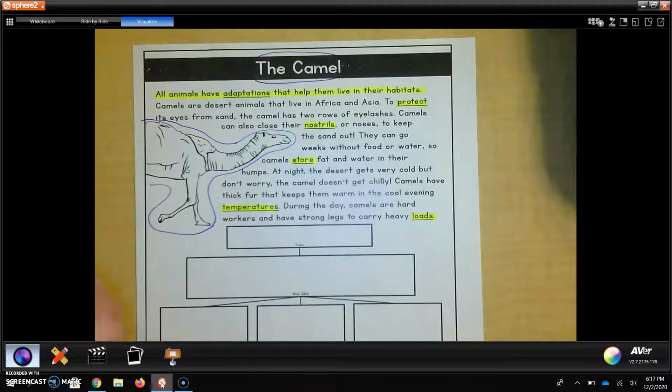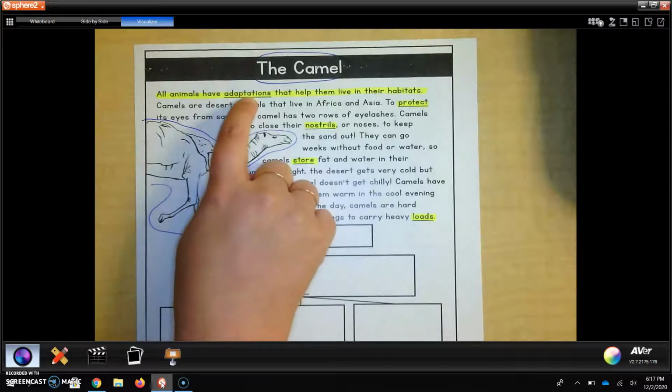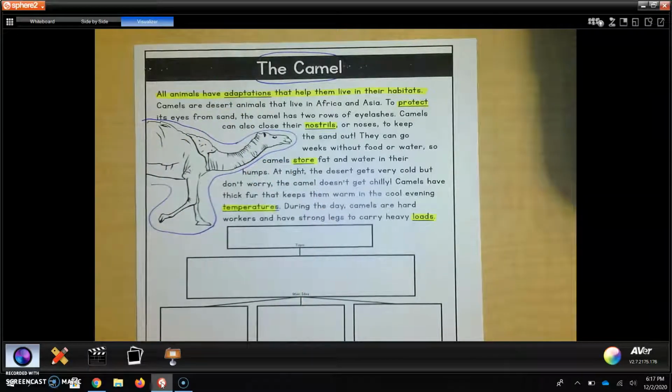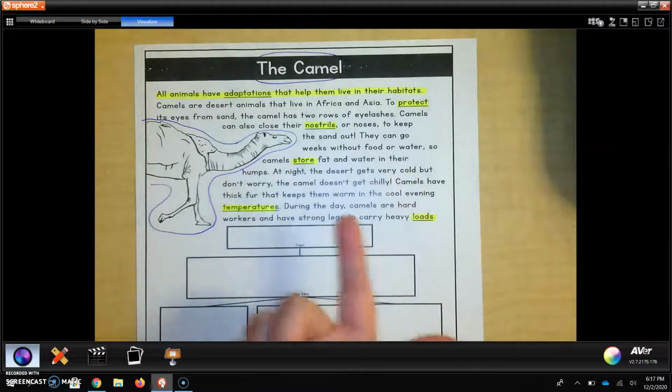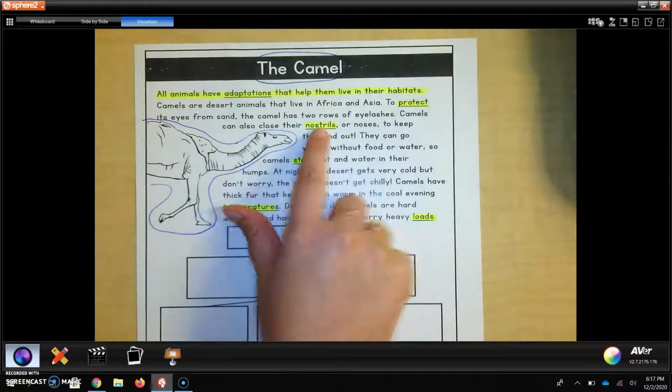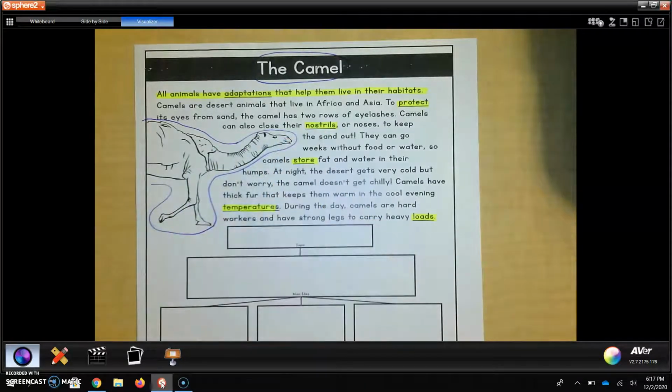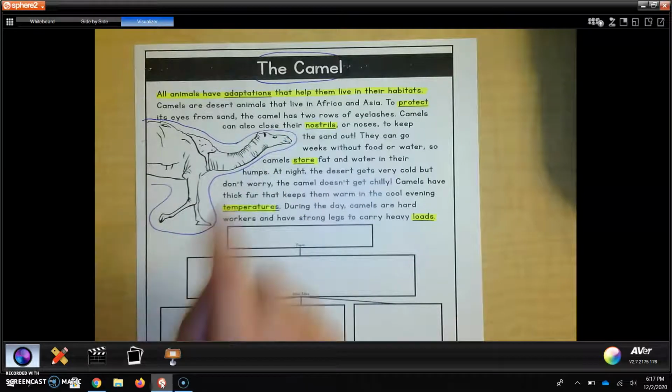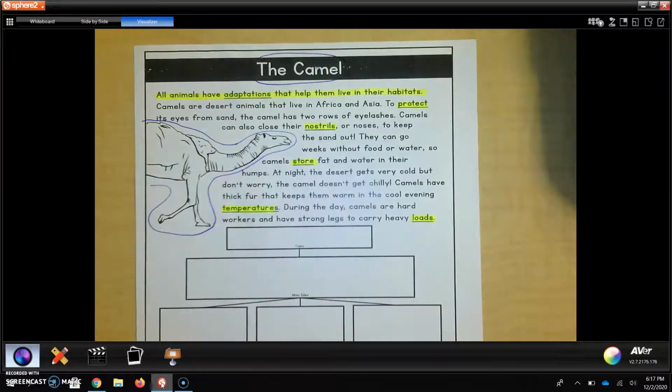So thinking of that word adaptation, which are special qualities that animals have, these words were helpful because that was one example of how they have a special body part. They have 2 rows of eyelashes to keep the sand out. When I saw nostrils, camels can close their nostrils or their nose to keep the sand out too. That's another special adaptation, another special body part that camels have to help them survive.